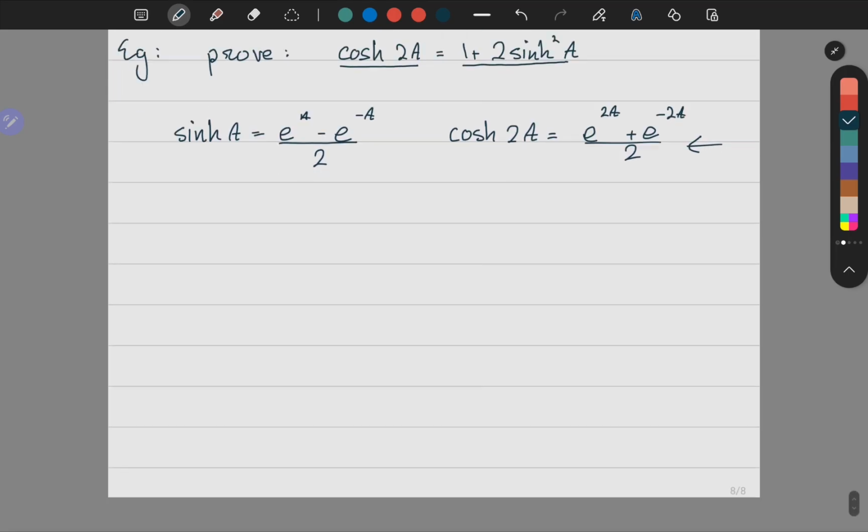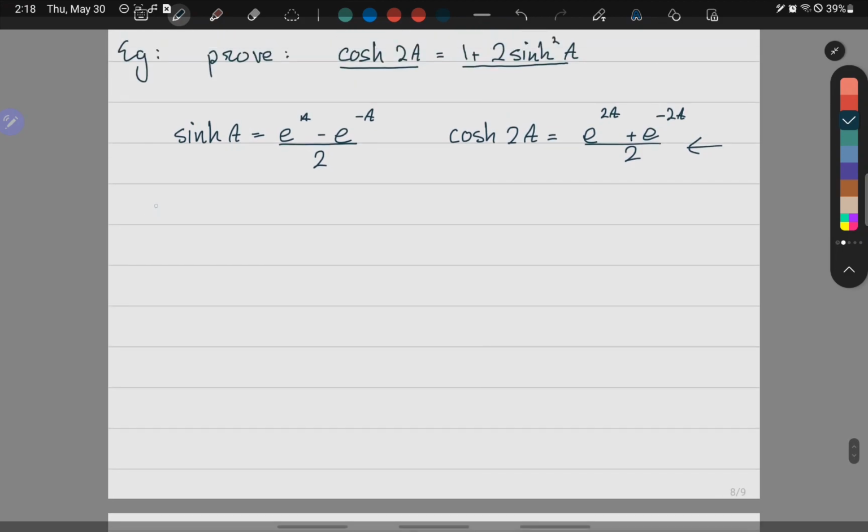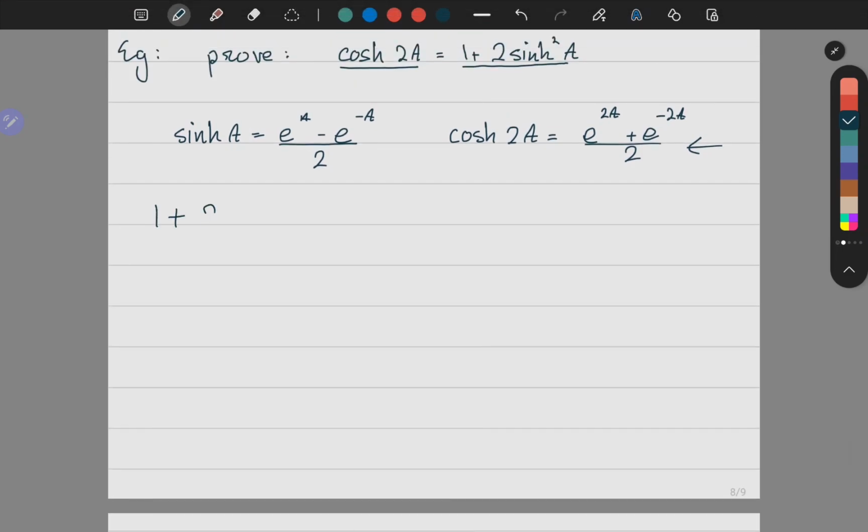Now they said 1 plus 2 times e to the a minus e to the minus a over 2, which is the sinh, and then squared.